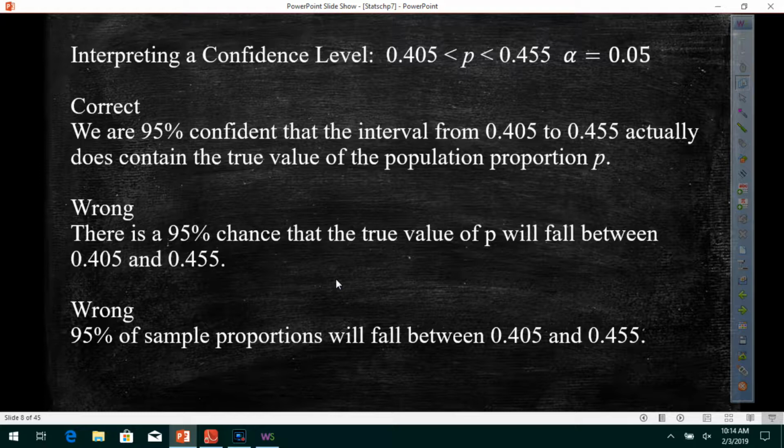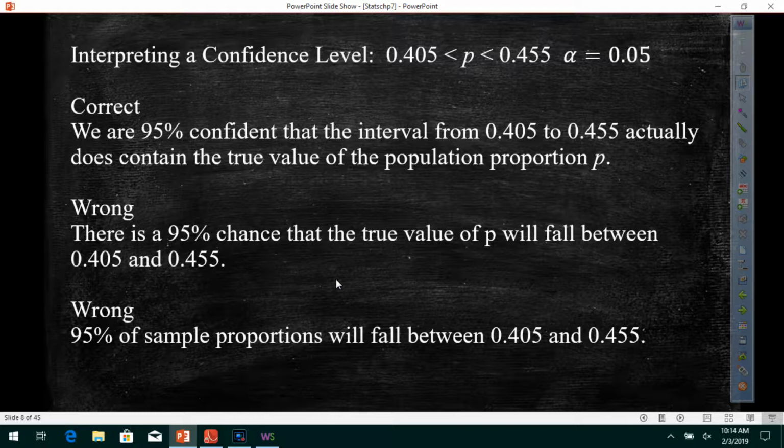What we are saying is with a 95% confidence level, we expect 19 out of 20 confidence intervals to contain the true value of p.